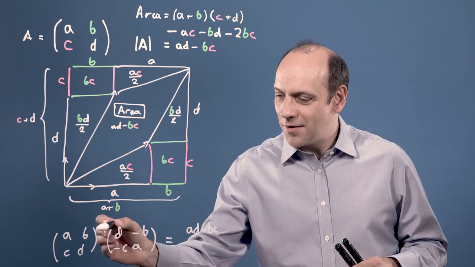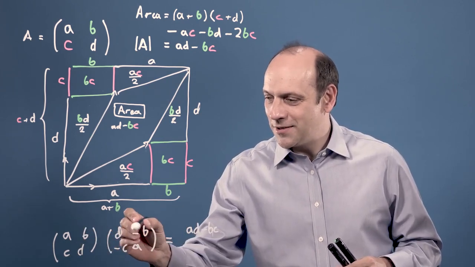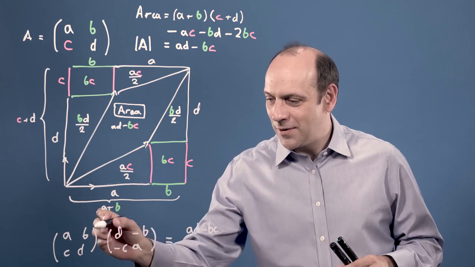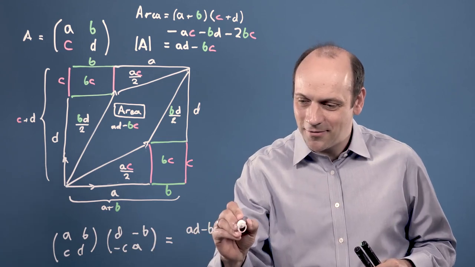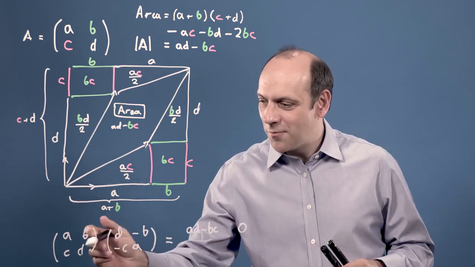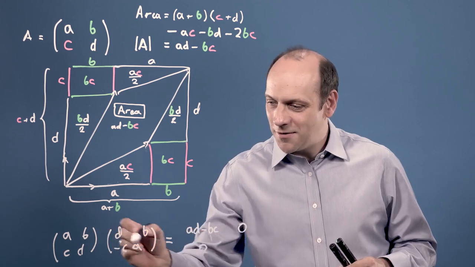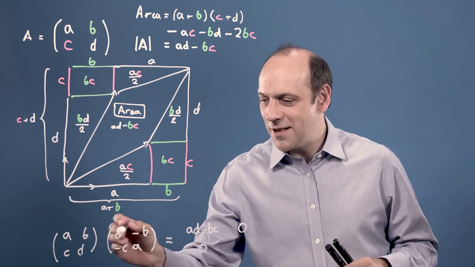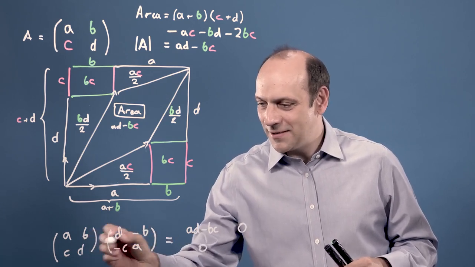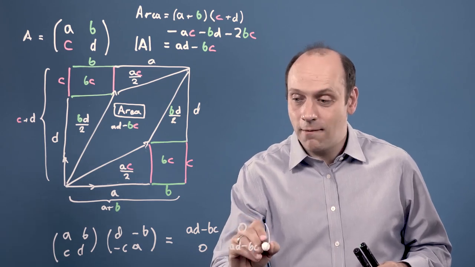Then on this element here we get AB minus BA, so that's 0. When we do this term, we get CD minus CD. And when we do this term here, we get minus CB plus AD, so that's AD minus BC. Interesting.